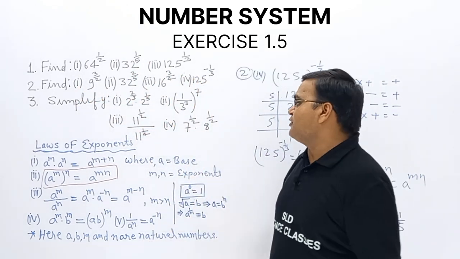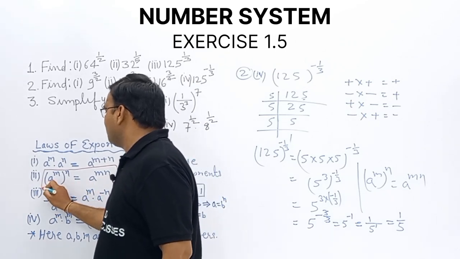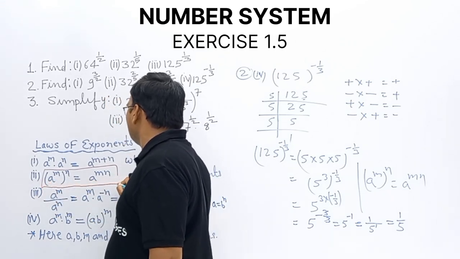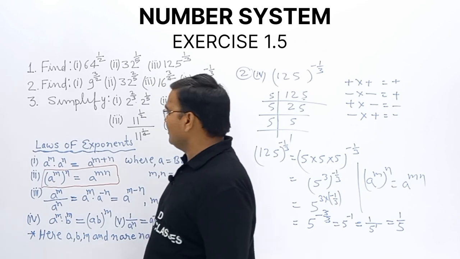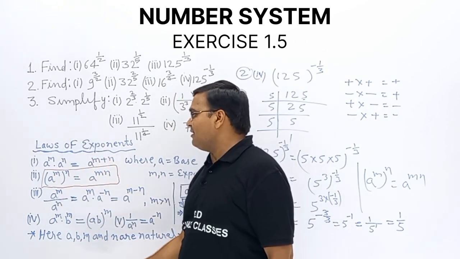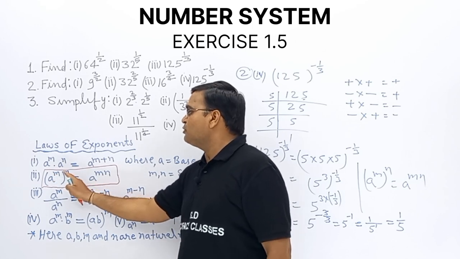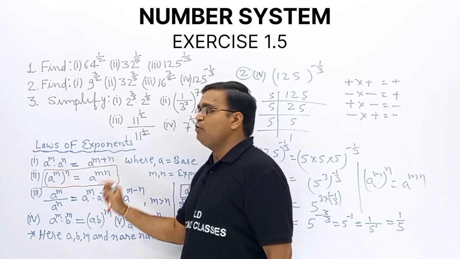In all these questions we used this law of exponents: a power m whole power n. Then we multiply both powers, a power m into n.